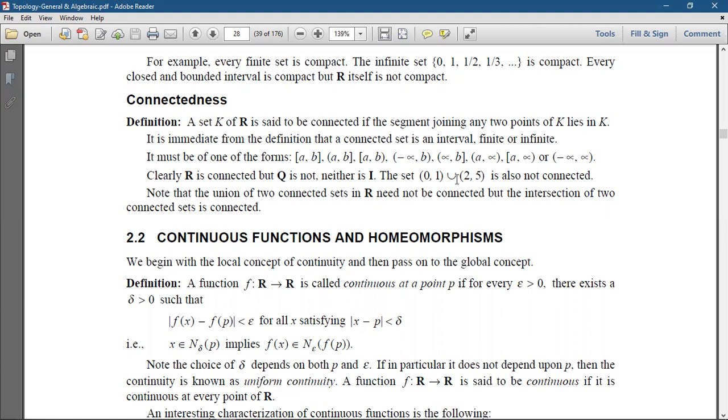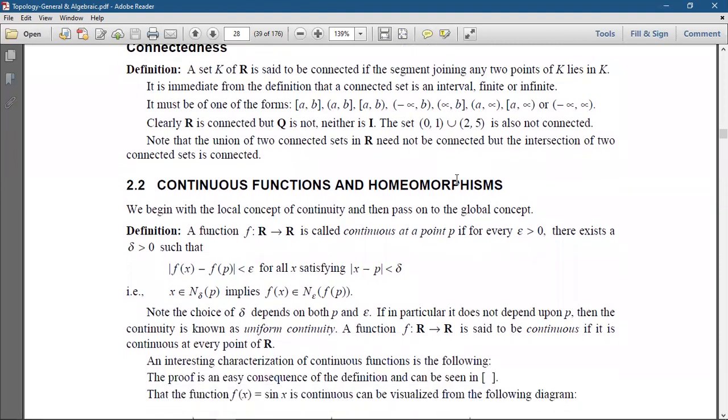Next is continuous functions and homeomorphism. In your real analysis class, you already discussed continuous functions.